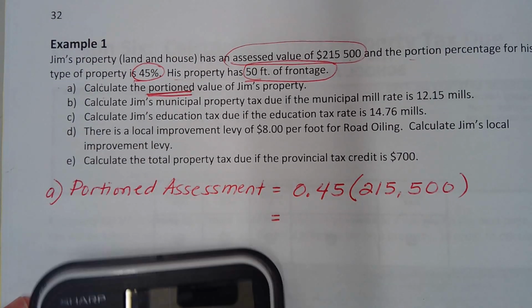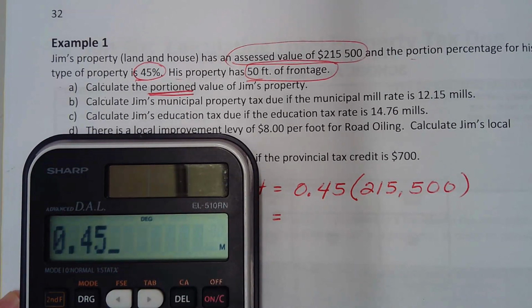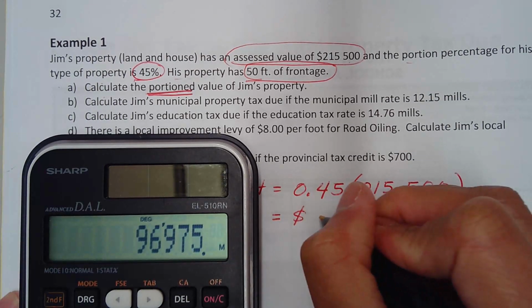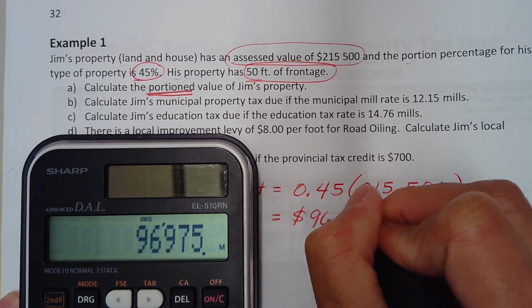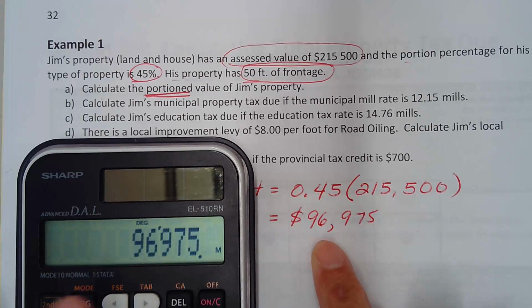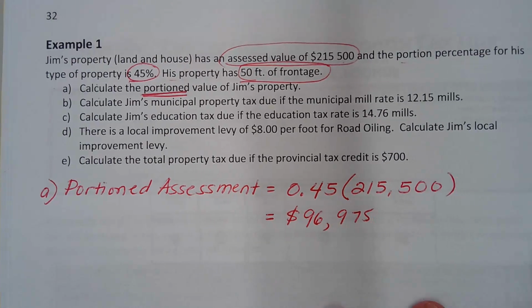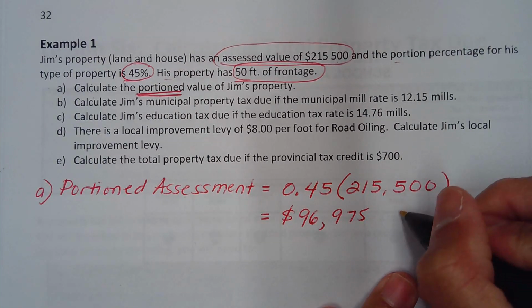Let's calculate that. So the amount is 96,975. So this is the amount that we will use to calculate municipal tax later. I'll just put a little bubble here.